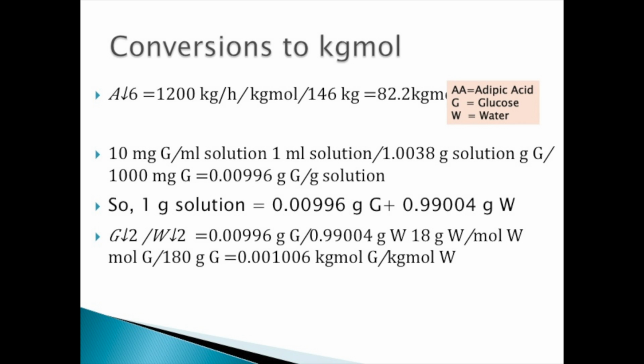I've got to get the density of the solution to go from volume to mass, and then I've got to get mass of glucose and mass of water. You can figure out that I'm going to have about 0.01 grams of glucose and 0.99 grams of water. If I add those together, I can get kilogram moles of each.